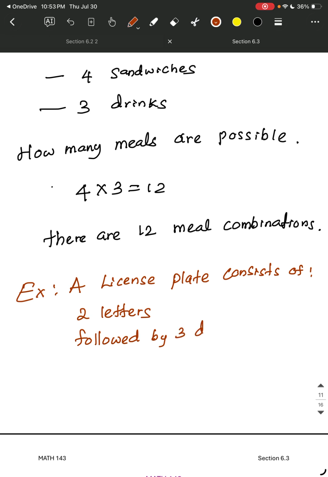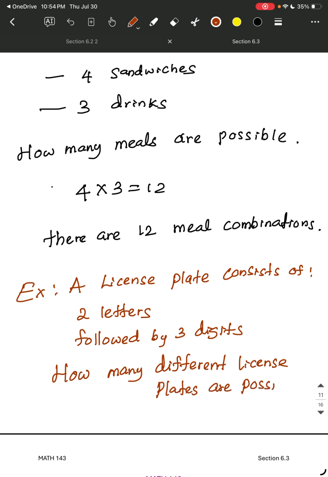How many different license plates are possible?